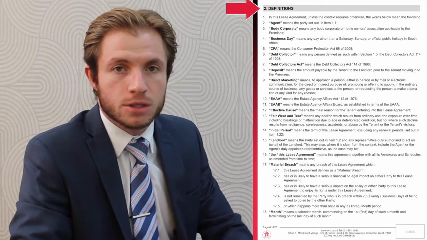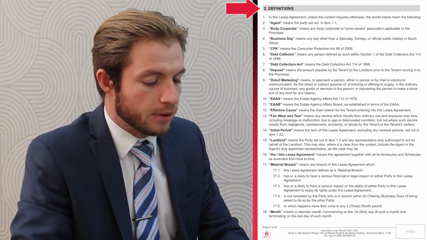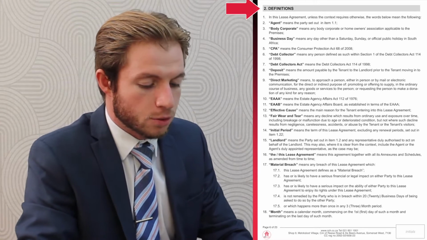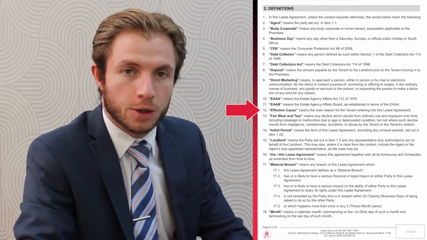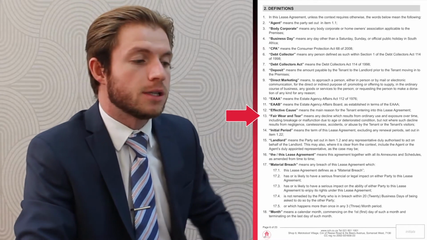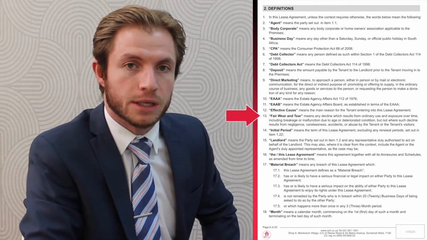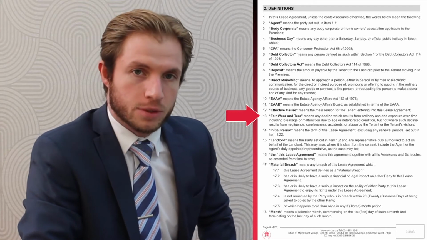Then on to the lease agreement itself. Clause 2 begins with a lot of definitions. You can just read through that. Everything is actually self-explanatory. We can just quickly have a look at 2.13, fair wear and tear. It's important to take note of the meaning of fair wear and tear. Why is that important?